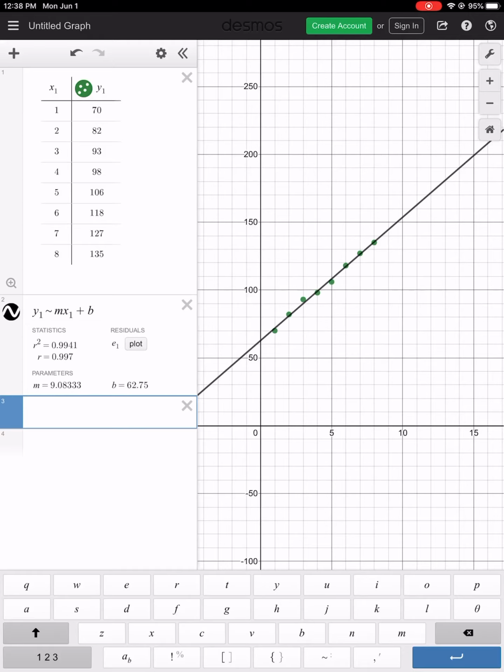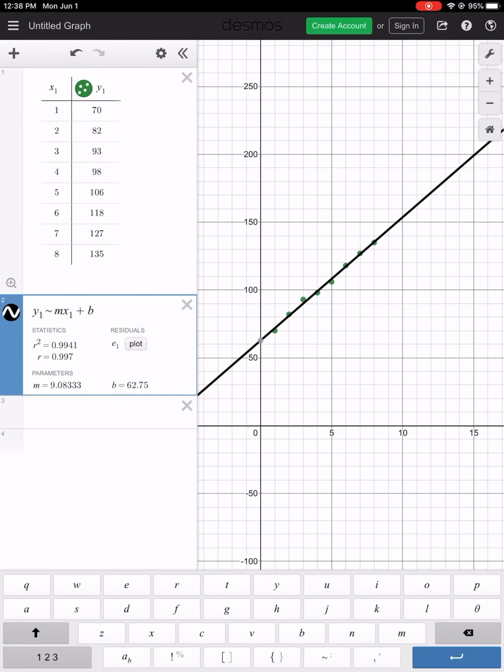Yours should be the same as mine. That is the M and the B, so that's the slope. 9.08333 rounded is about 9.1, which is exactly what I got, isn't it? And then 62.75 is the starting value, or the y-intercept.